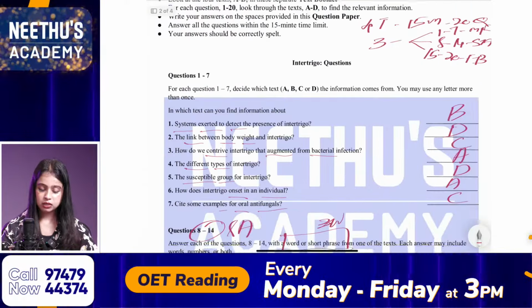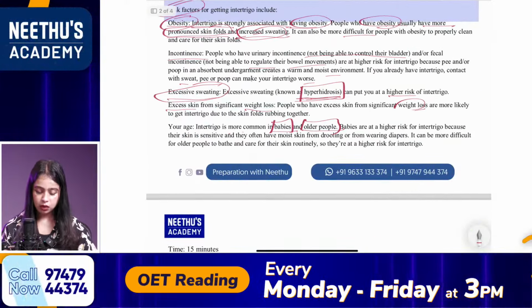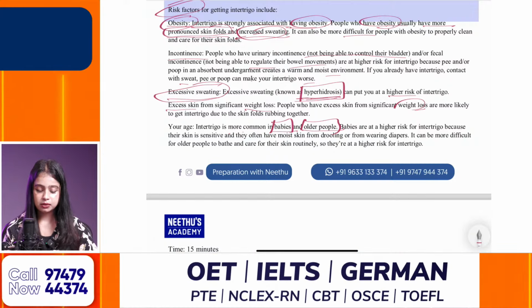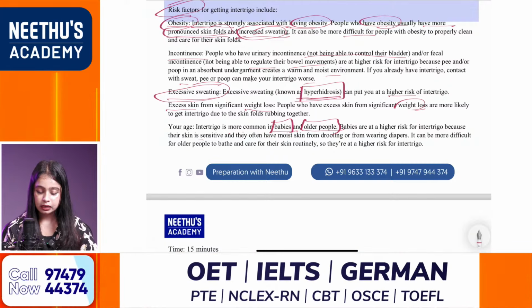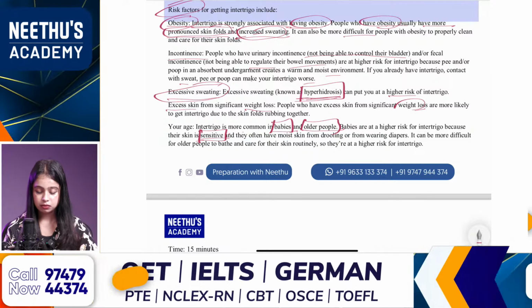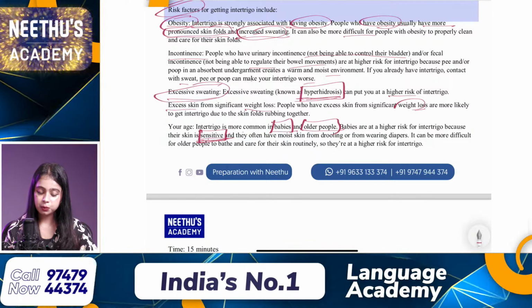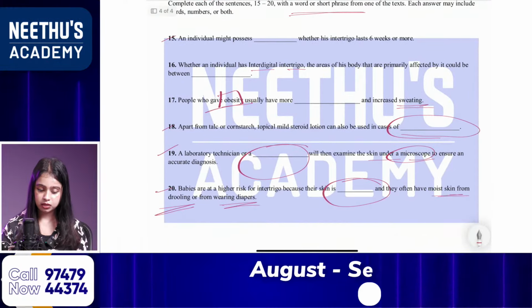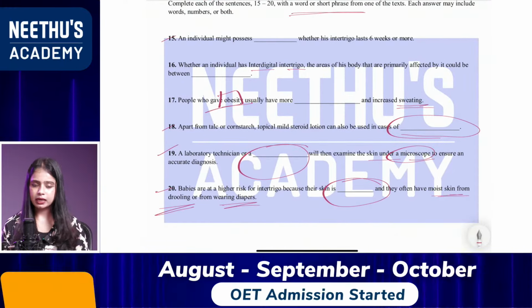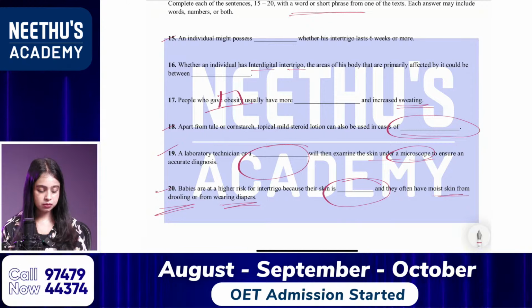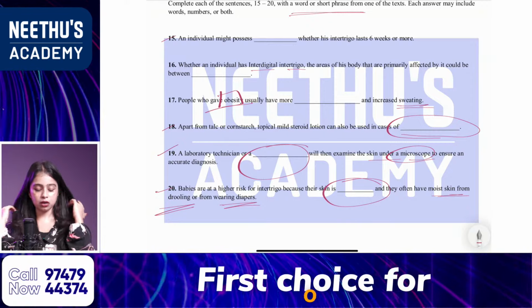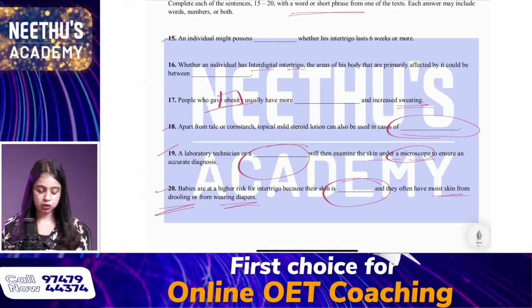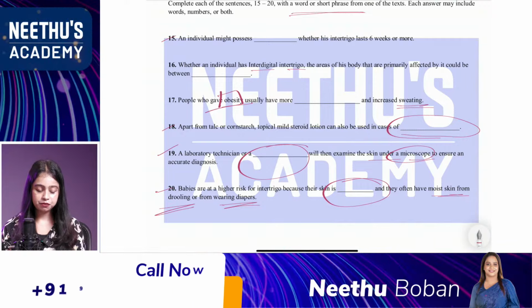The answer is very simple: because their skin is sensitive, and that is the correct answer for the last one. Clear? Any doubts regarding any of the questions? Okay, Roby, the answer is sensitive.